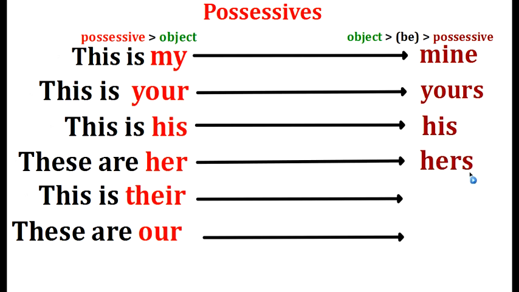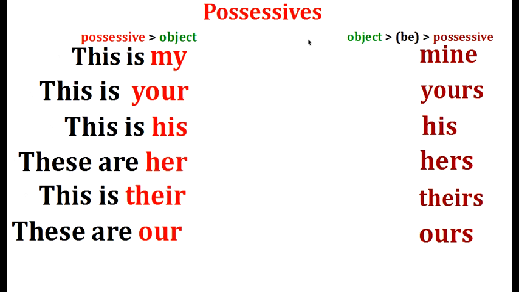Again, an extra S. Their and theirs with an extra S. Our and ours with an extra S. So these possessives are another type of possessive. Mine, yours, his, hers, theirs, ours. Now, we use these different.